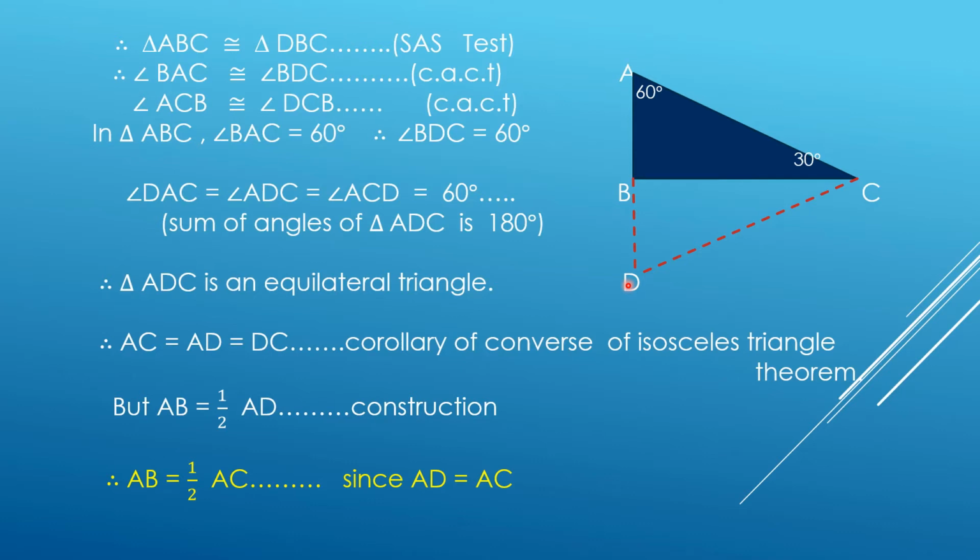That is by the corollary of the converse of the isosceles triangle theorem. But side AB is equal to half into side AD, by construction. Therefore AB is equal to half into AC, since AD and AC are equal. That is why AB is equal to half into AC.